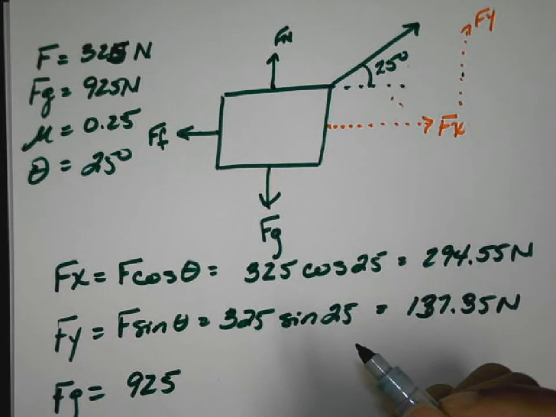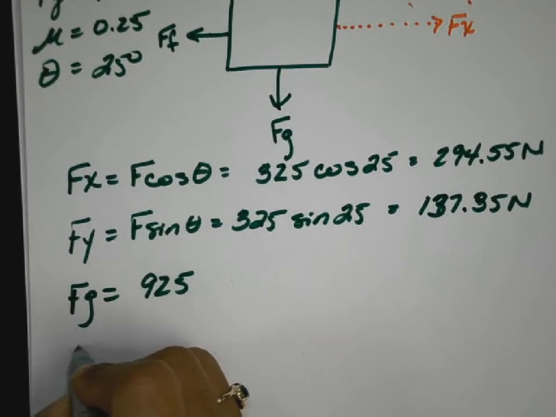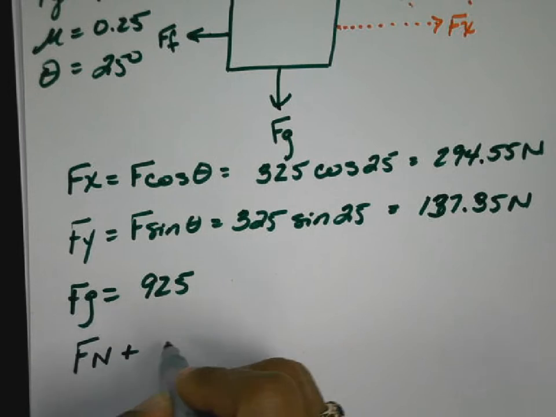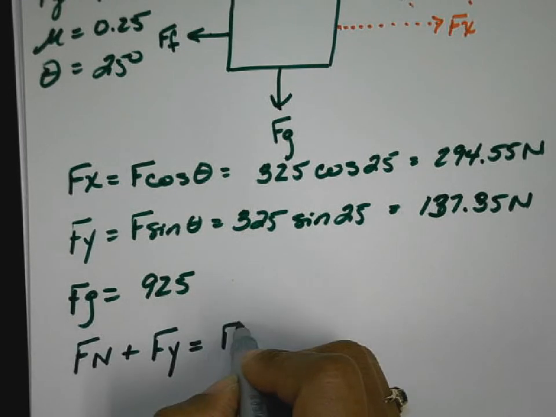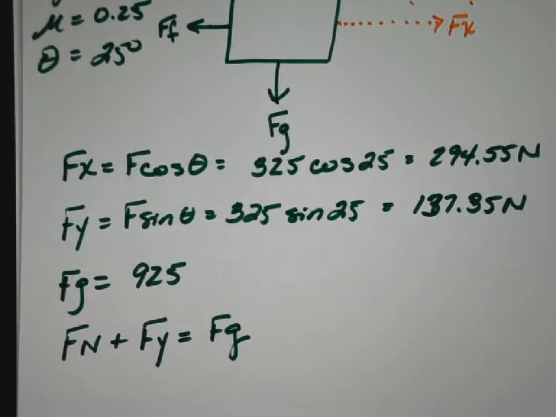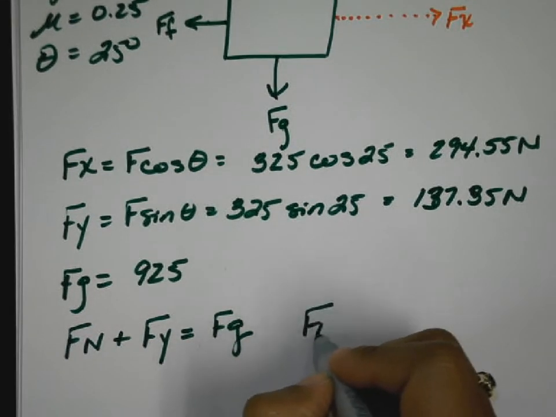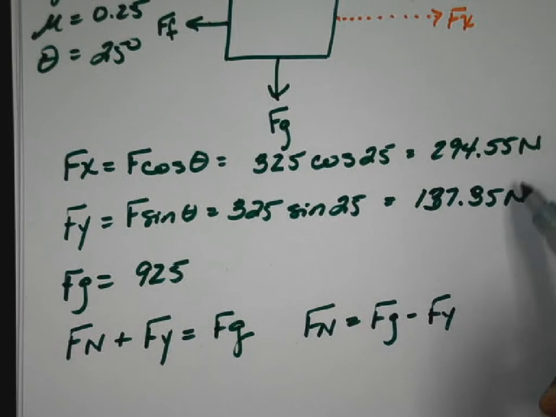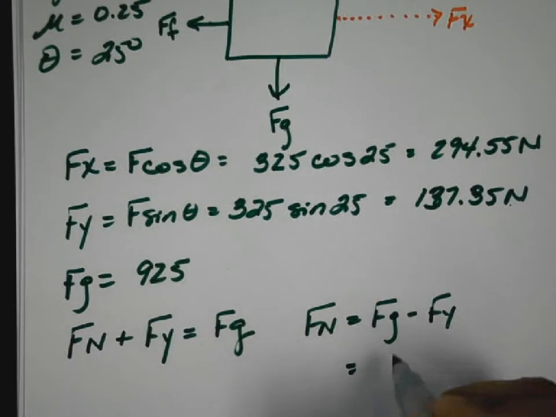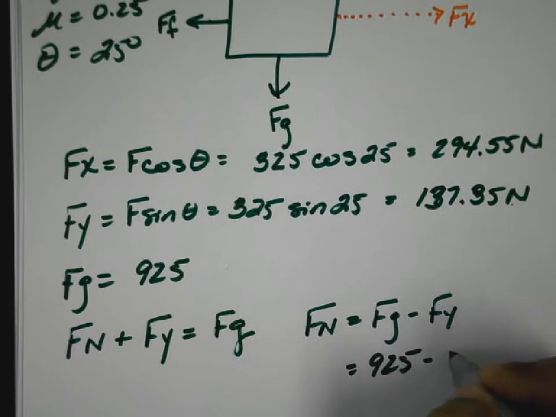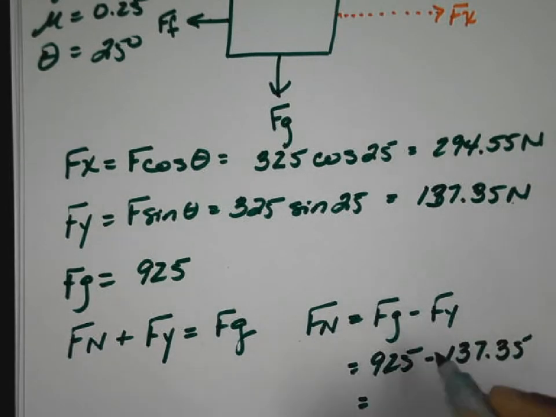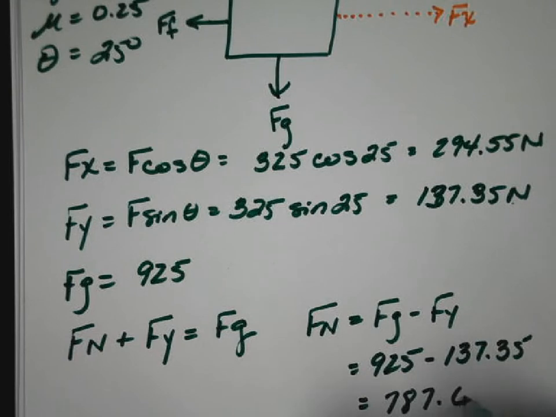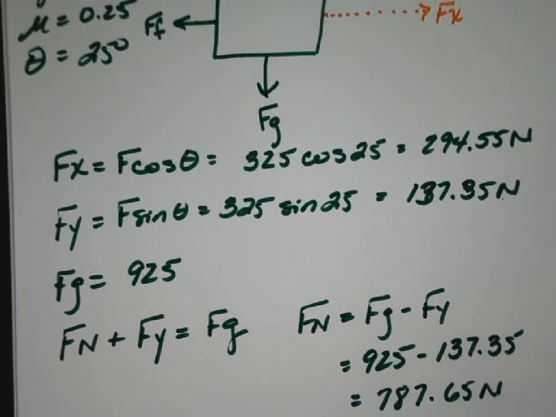So for my normal force, F of N plus force on the Y equals F of G. If I rearrange it, F of N is equal to F of G minus force on the Y. So 925 minus 137.35, and you get 787.65 newtons.